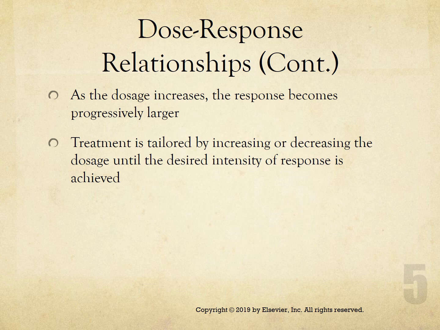Then once you start checking their TSH levels, you may have to decrease that dose, because now that the body has received as much of the thyroxine as they need, you can back off on how much you need to give them to maintain an appropriate level.